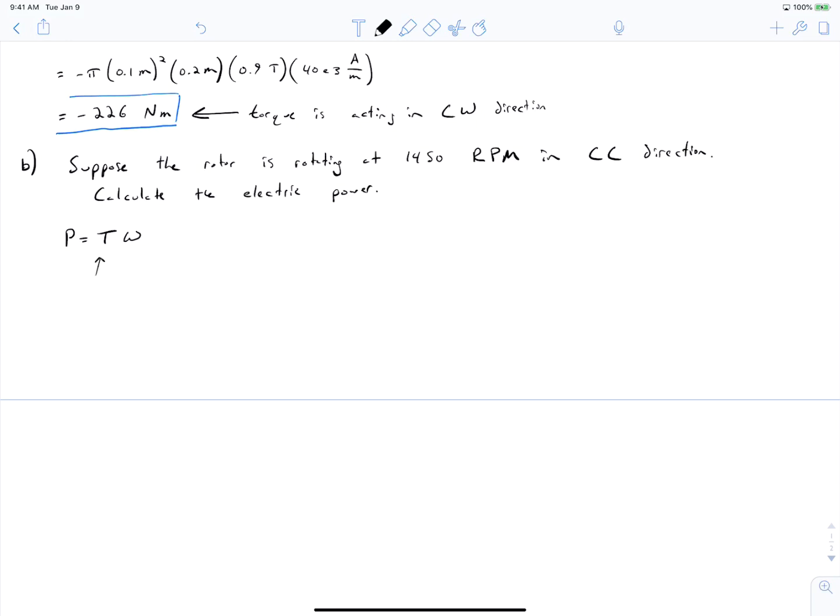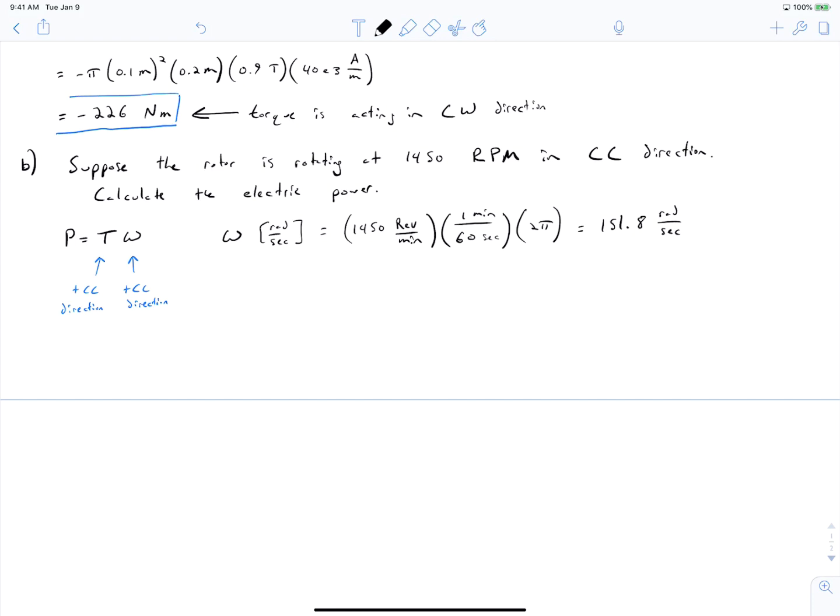And again, torque is positive in the counterclockwise direction, and the same is true of our angular speed. We can determine our angular speed in radians per second by doing a unit conversion of our speed in revolutions per minute, and we find that we have 151.8 radians per second.